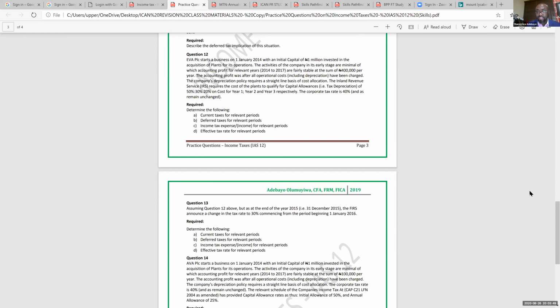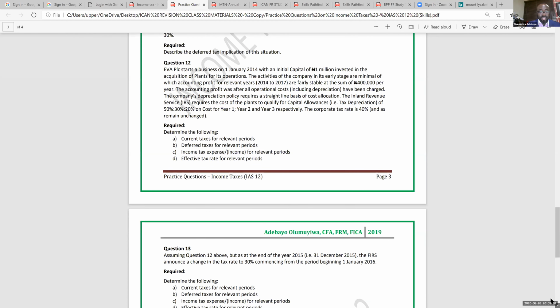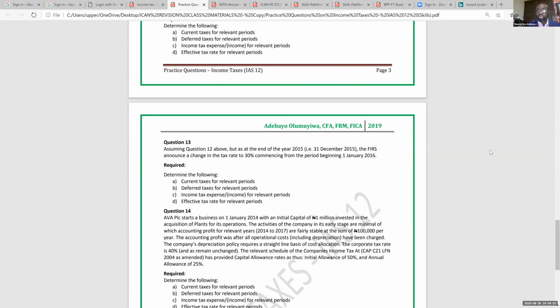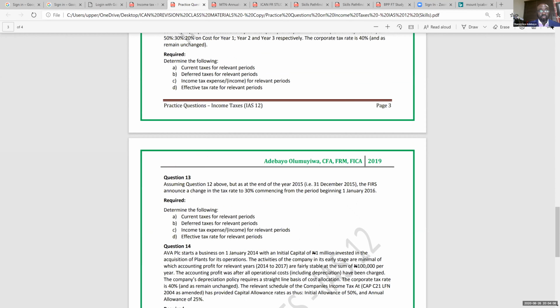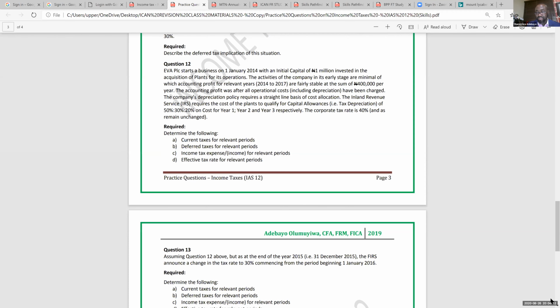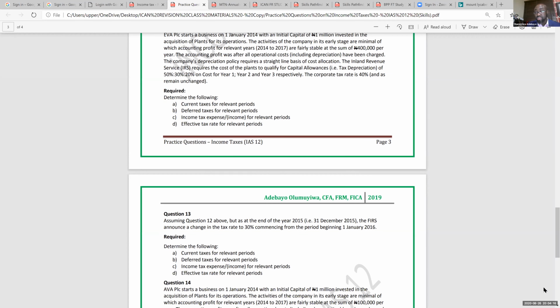Question 13 is a follow-up to question 12, which we did yesterday. I'm trying to explain the difference between question 12 and question 13, so I'm putting it together on the same screen so that we can compare the two at a glance.